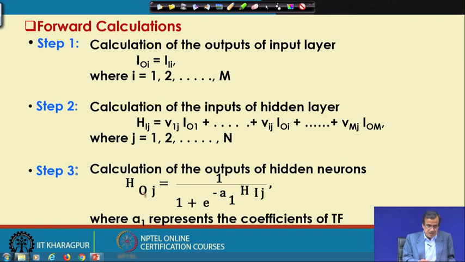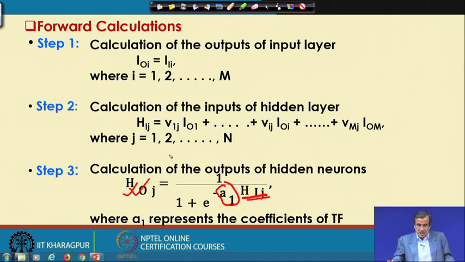The output of the jth neuron lying on the hidden layer is nothing but 1 divided by 1 plus e raised to the power minus a1 multiplied by h_Ij, where a1 represents the coefficient of the transfer function, the input is this h_Ij, and this is the output.